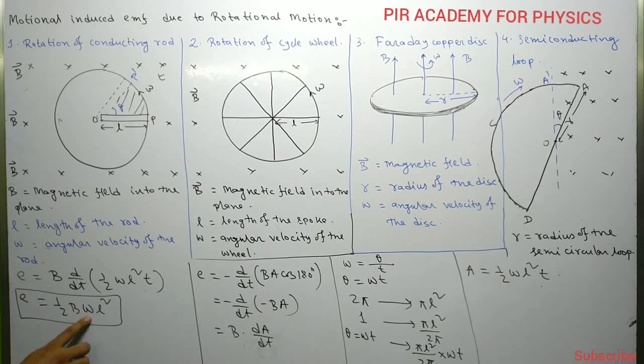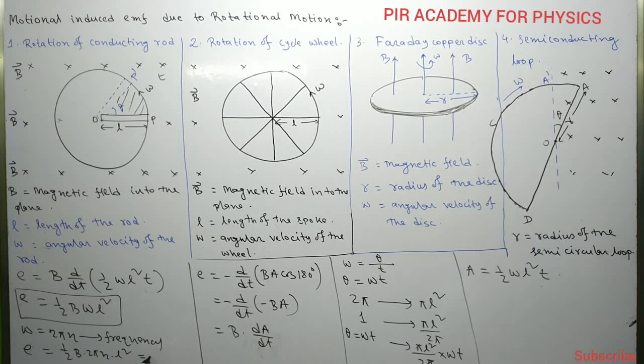Here omega is the angular velocity of the conducting rod, L is the length of this rod, and B is the uniform magnetic field. If this equation is explained in terms of frequency, then omega equals 2 pi n. Here n is the frequency. Then E equals half B 2 pi n into L square.